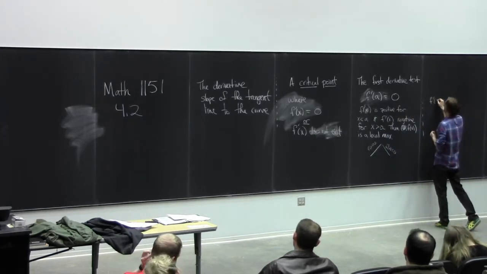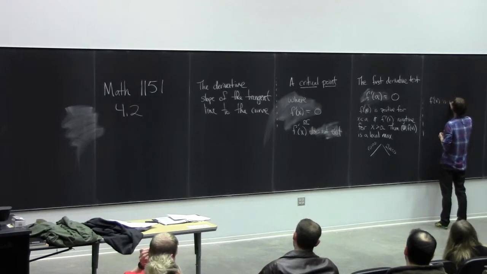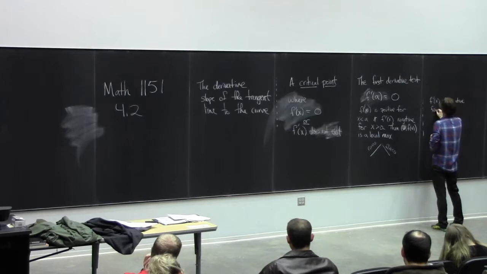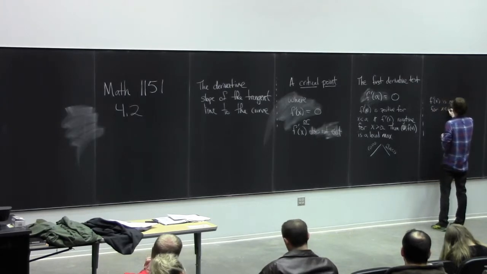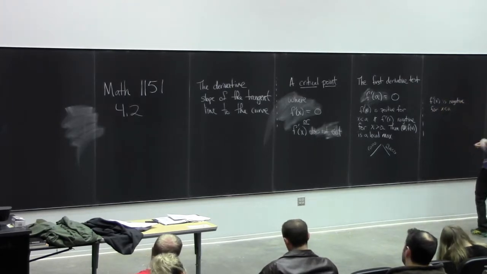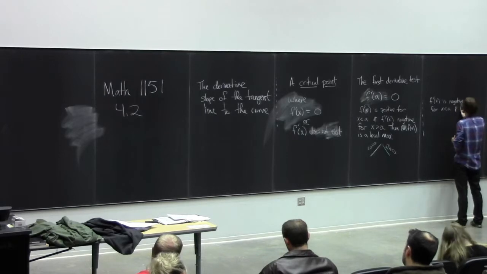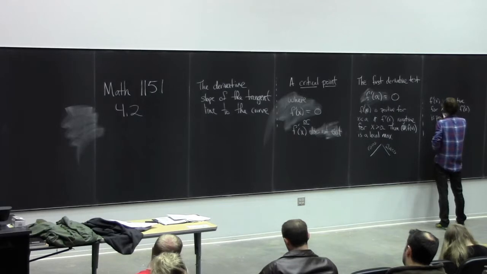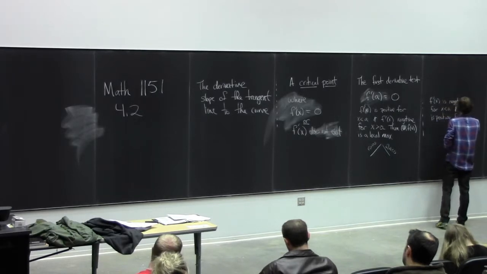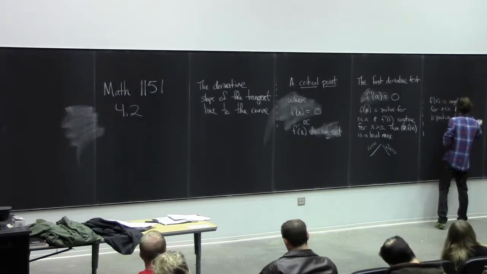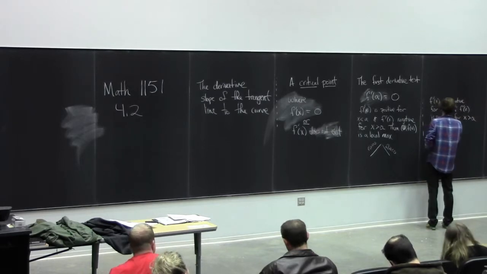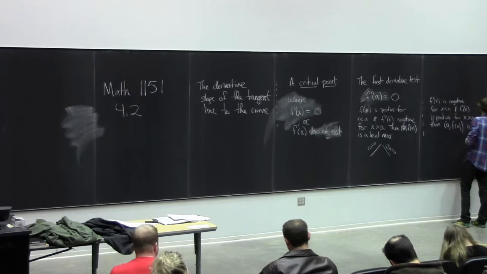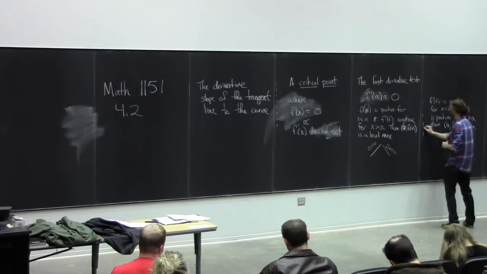If f prime of x is negative for x less than a, and f prime of x is positive for x greater than a, then f of a is a local min.